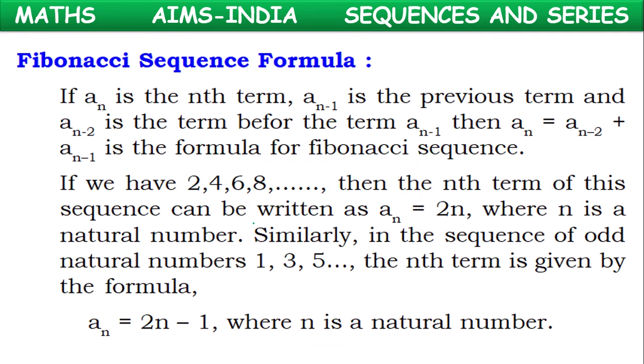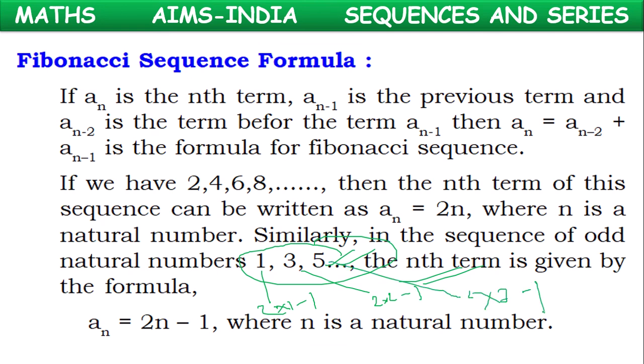Suppose if you have a sequence like 1, 3, 5 and so on. So the nth term is given by: first term 2 into 1 minus 1, second term 2 into 2, 4 minus 1, third term 2 into 3, 6 minus 1.